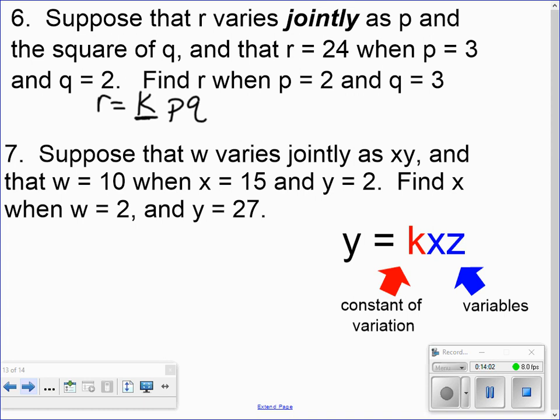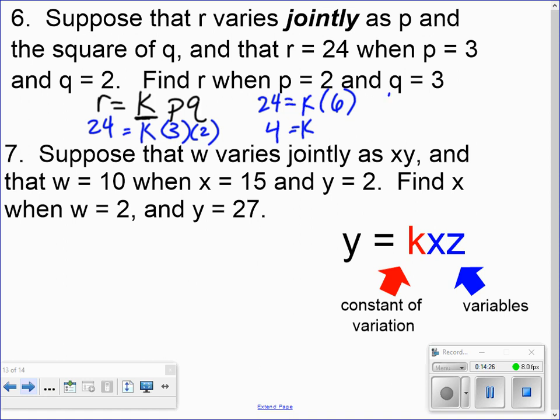So R is 24, P is 3, Q is 2. So we would set up this equation so that we solve for K. So we have 24 is equal to K times 6. If we divide both sides by 6, we get that K is 4.